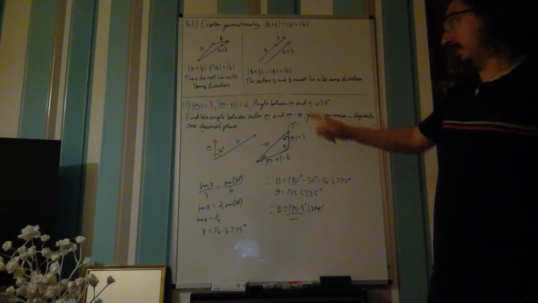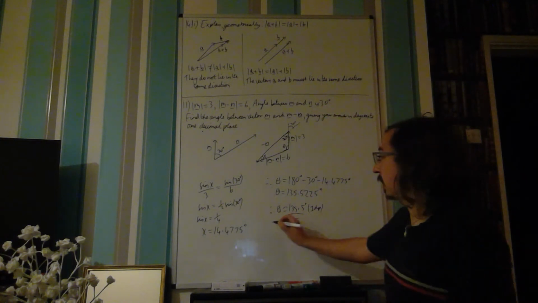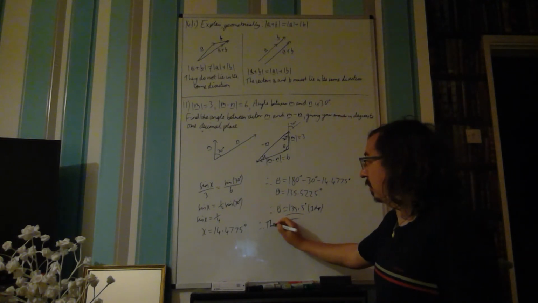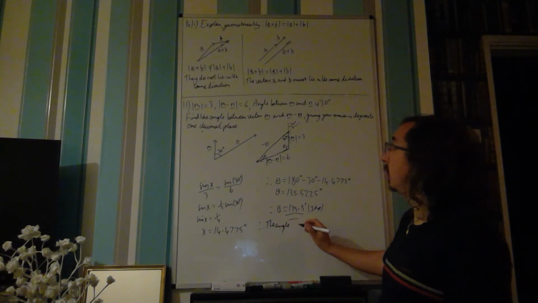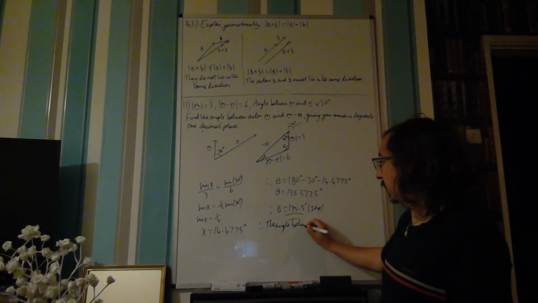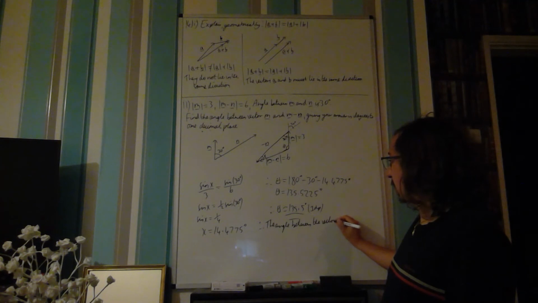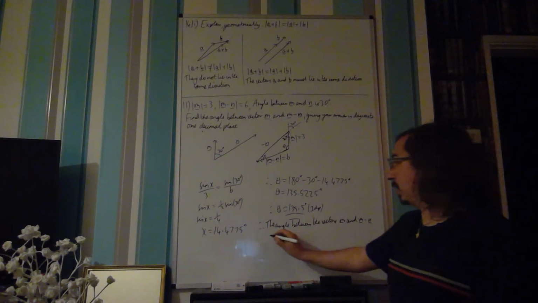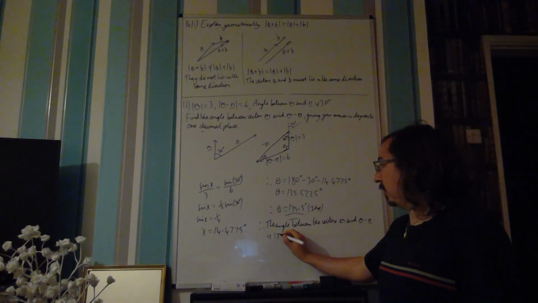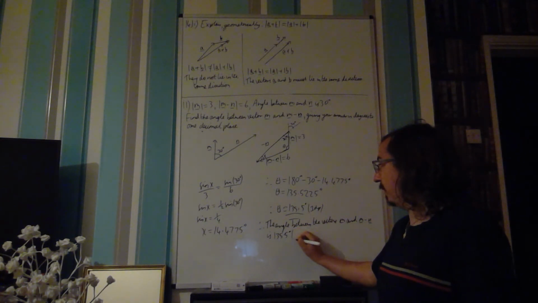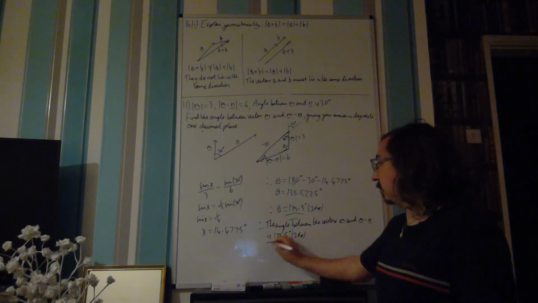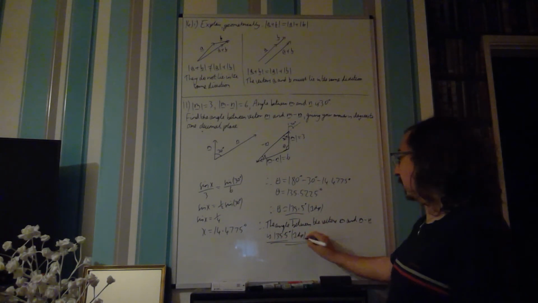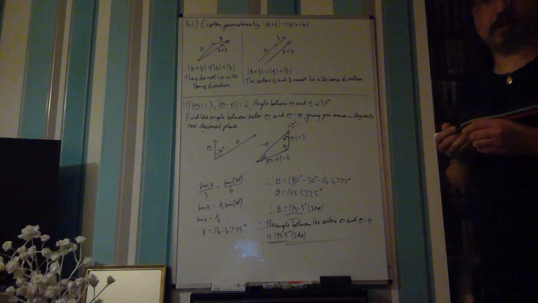And if you want to just clarify that, we can say therefore the angle between the vectors m and m minus n is 135.5 degrees to 1 decimal place. And that's your final solution.